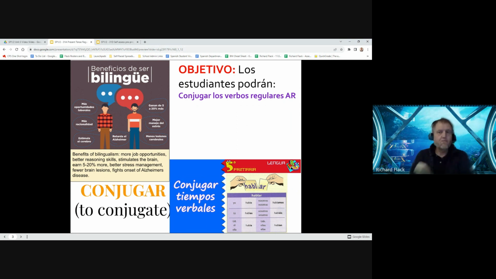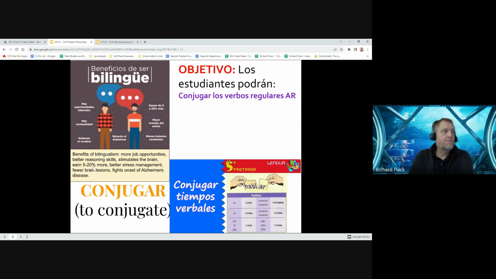And I have a nice infographic today. I thought this was appropriate coming in at Unit 3 now. You're starting to work on becoming bilingual. So what are the benefits of that? There's many more benefits, but some of the big ones are more job opportunities, better reasoning skills. Your brain actually changes when you become bilingual. It stimulates the brain.